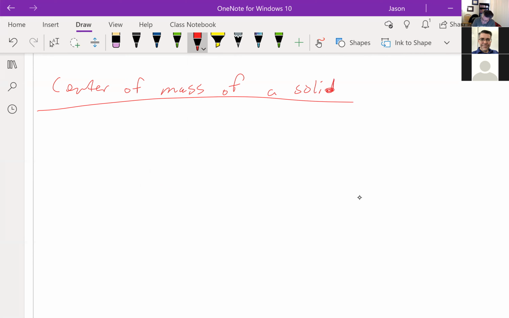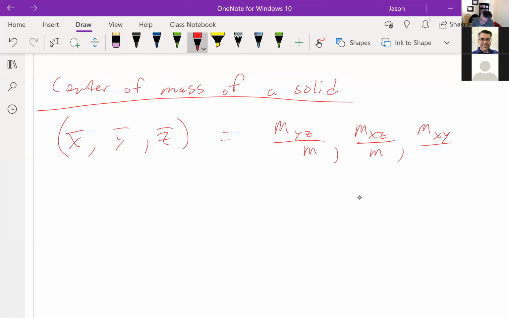Okay, so it's hard. Center of mass: x bar, y bar, z bar this time. The center of mass is equal to the moment with respect to YZ over M, the moment of XZ with respect to the mass, and the moment of XY with respect to the mass.